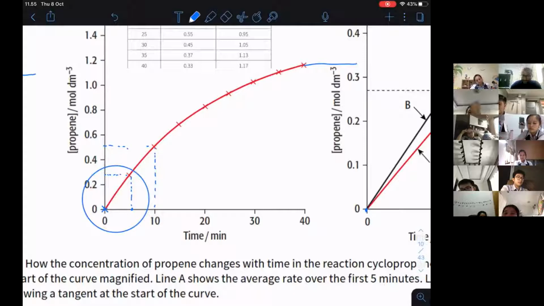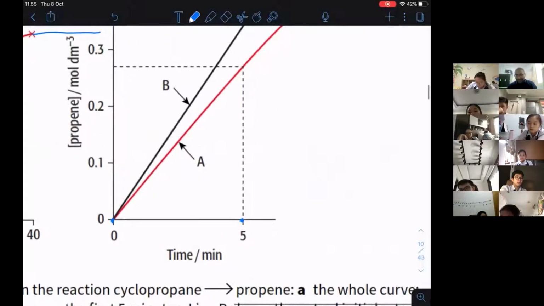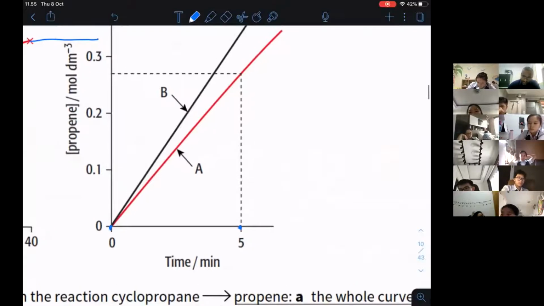You can see roughly that this graph is going to be something like a straight line here. When they enlarge the graph, you will notice this is based on the earlier graph, and it gives you this graph.